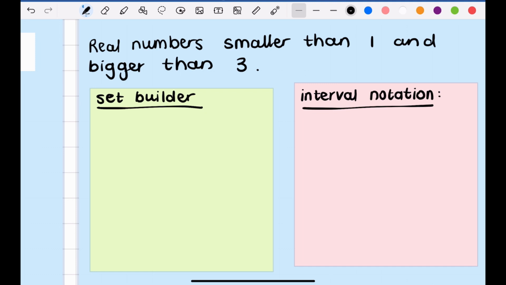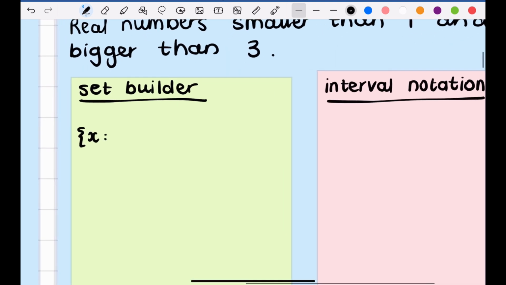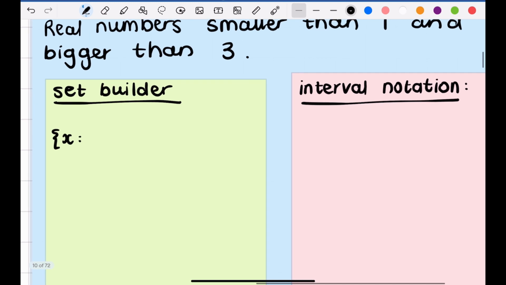Okay, so writing this in set builder notation, we start the same way. Writing our curly bracket saying for all x such that, and now we bring our boundary in. x must be smaller than 1 and bigger than 3. So x must be smaller than 1 and x must be bigger than 3. Okay, look at that.